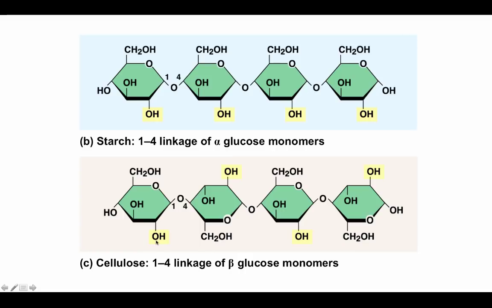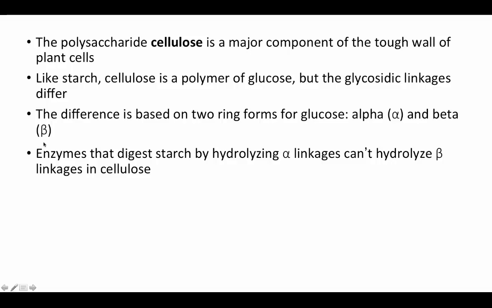So here we have the hydroxyl group pointing down, pointing up, pointing down, pointing up, and same with these carbon and hydroxyl side chains. And so what this means is that when these line up next to each other, they can form these hydrogen bonds with the next fiber over. So these are very different kinds of linkages between starch and cellulose.